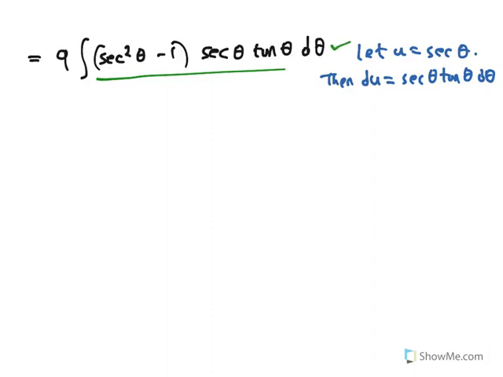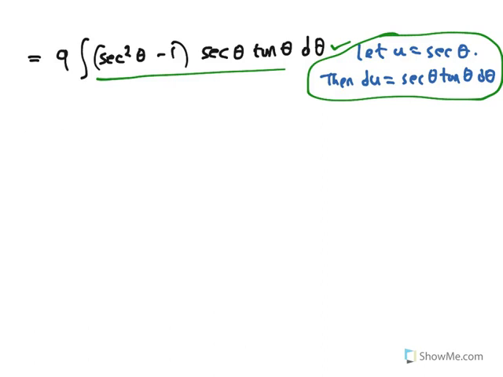And using that, we will now change variables from theta to u. Then we will find an antiderivative in terms of u. Use this substitution to go back to an antiderivative in terms of theta, and use our trig substitution to go back to an antiderivative in terms of x.